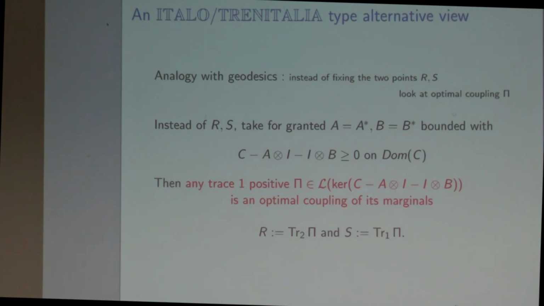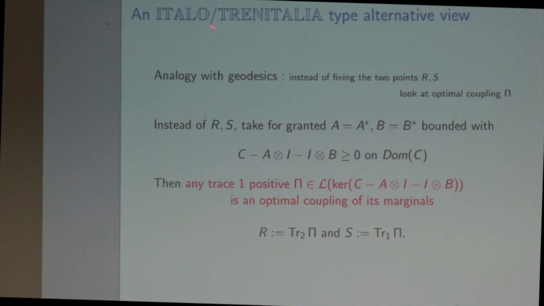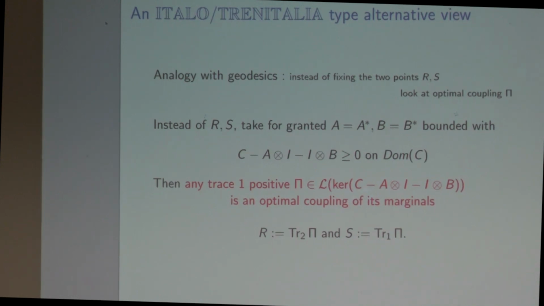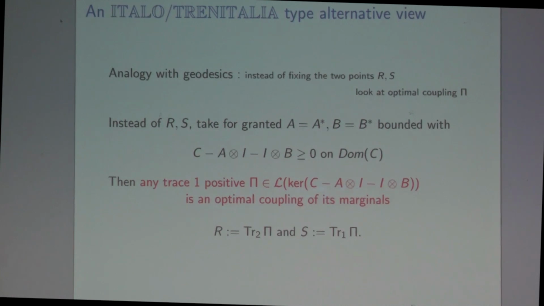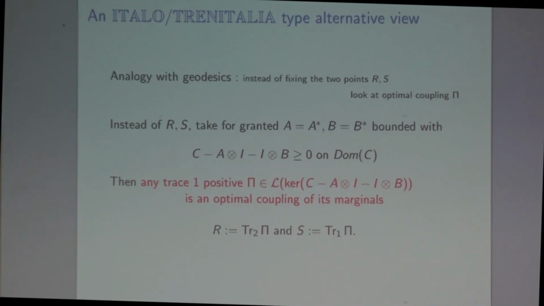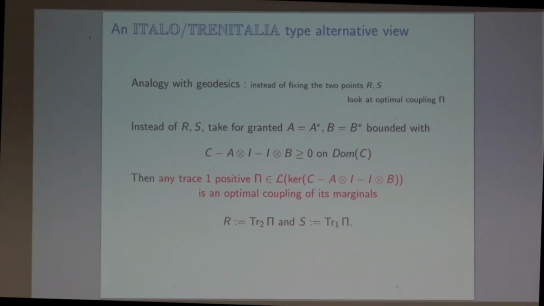So just to try to make you a little bit relaxed, this place, I call it an Italo-Trenitalia type alternative view. Why is it so? 6 o'clock then, if you use Trenitalia. Yes, maybe. But if I remember when Italo didn't exist, the first time I came to Rome, for example, what was the way of using a train station?